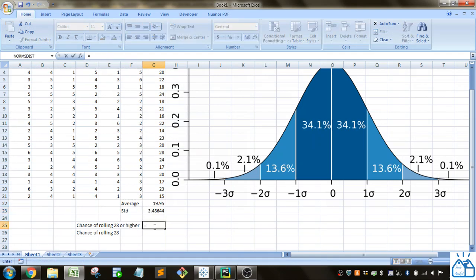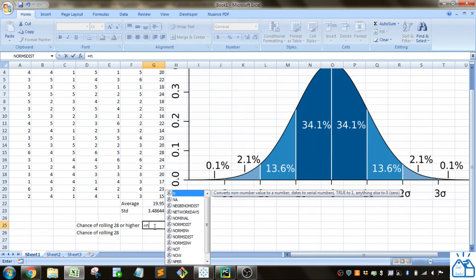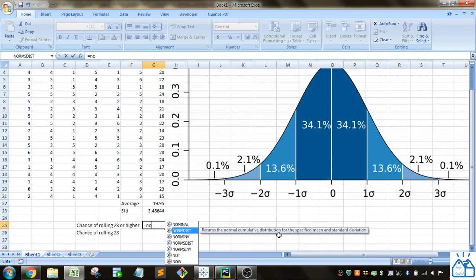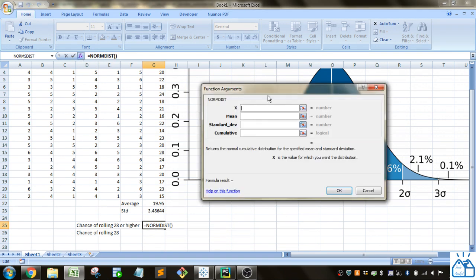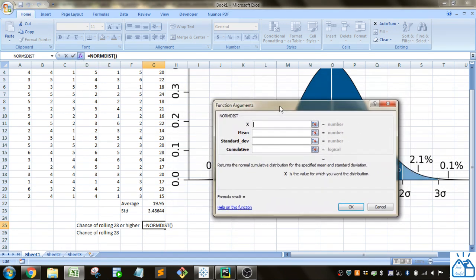So how do we do that? You go equals, and we're going to do NORMDIST. You can see here it returns the normal cumulative distribution for the specified mean and standard deviation. I'm actually going to hit this function button just to pull this up to make it a little easier to see what we're doing here.